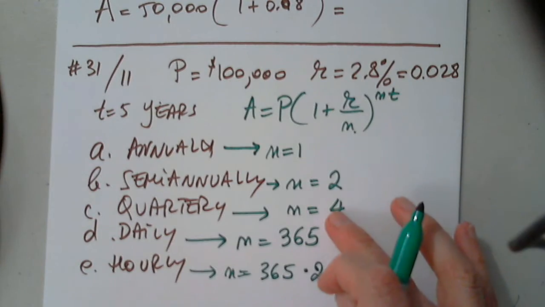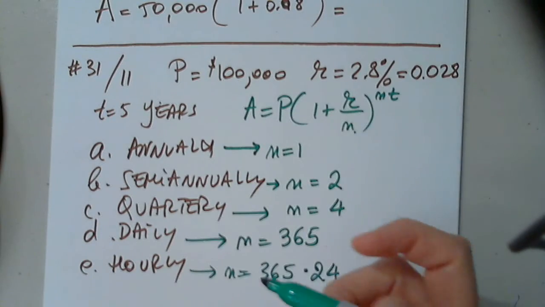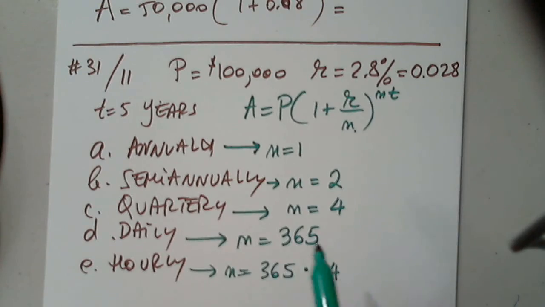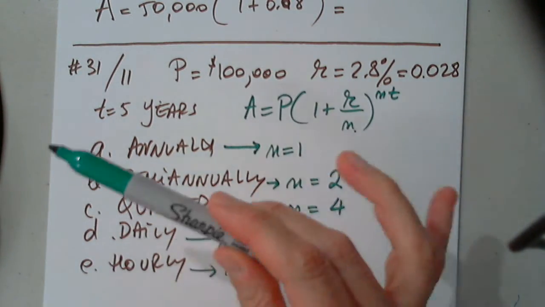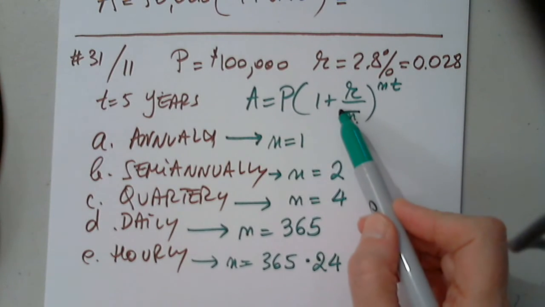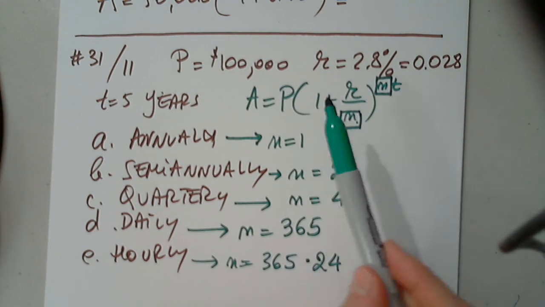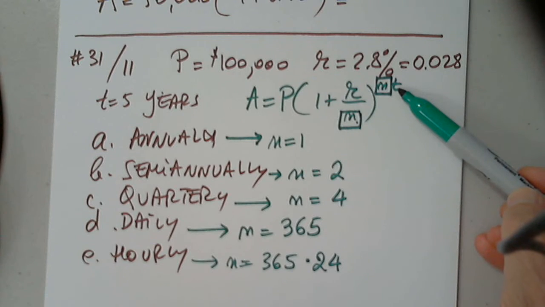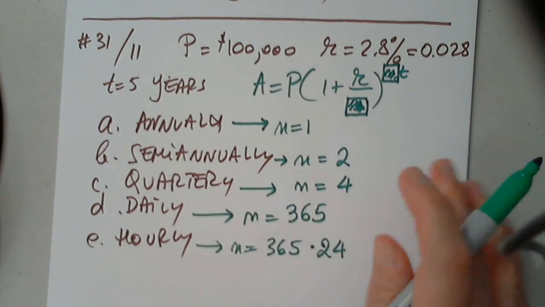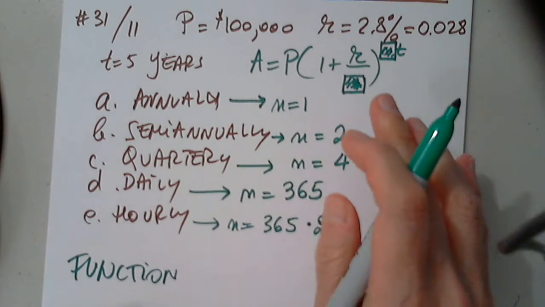Now, I don't want to type a new function into the graphing calculator every time, in other words, do it 5 times. Instead, I realize that the only thing that changes is this quantity. This is fixed, this is fixed, this is fixed. So I will create a function in the graphing calculator.